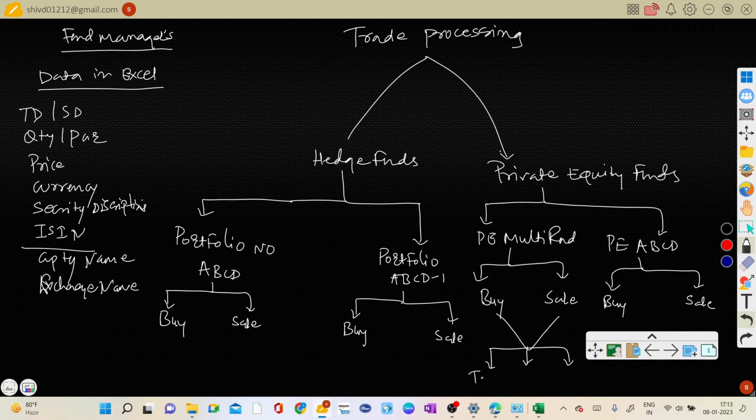Term loan, ABS, MBS. So we receive data for term loans, ABS and MBS under private equity, and we book the trades on a T plus 1 day basis.